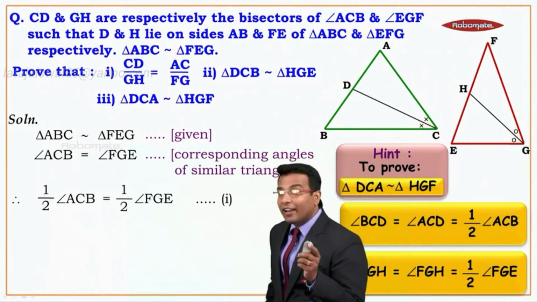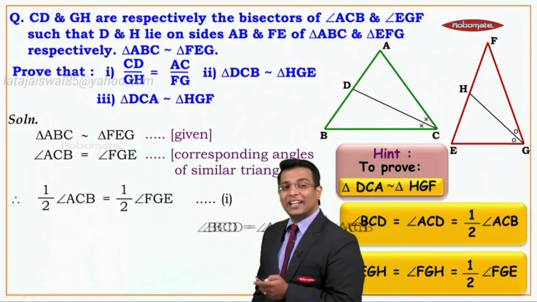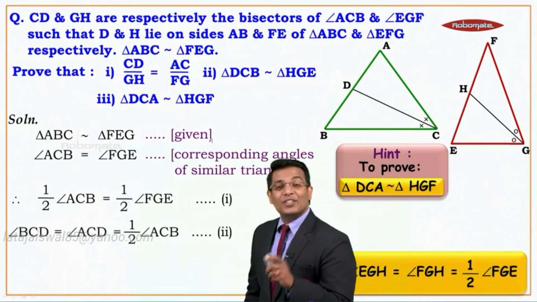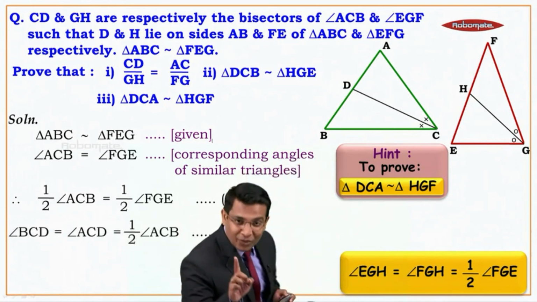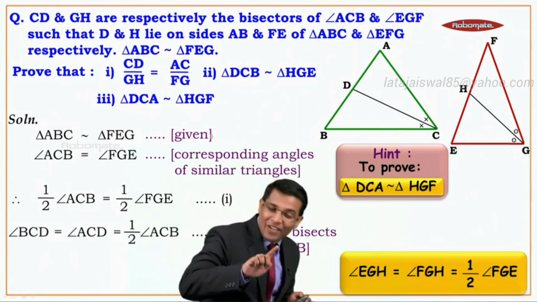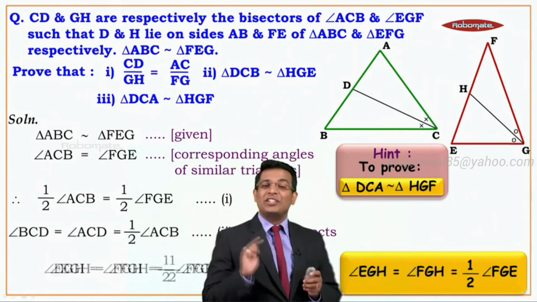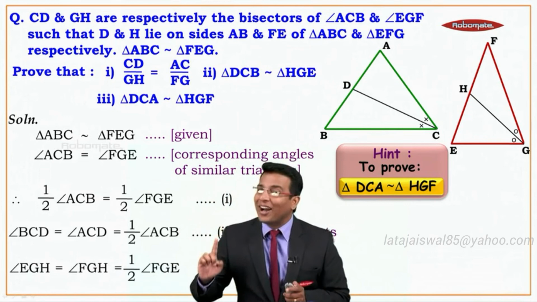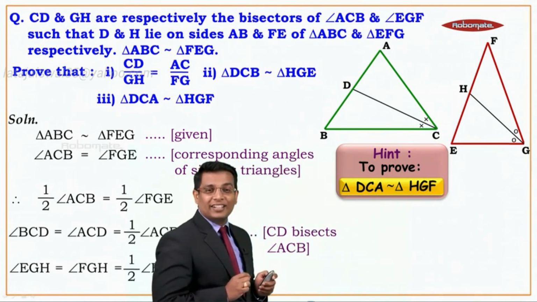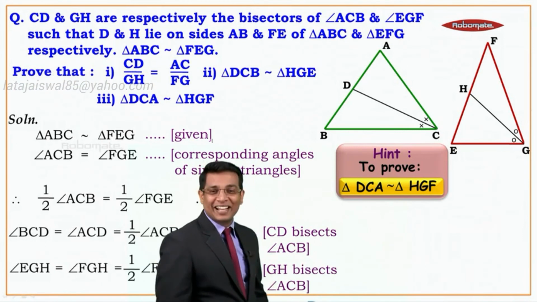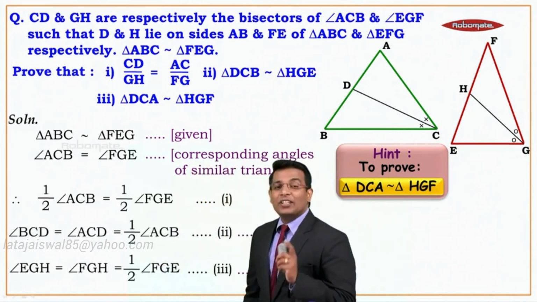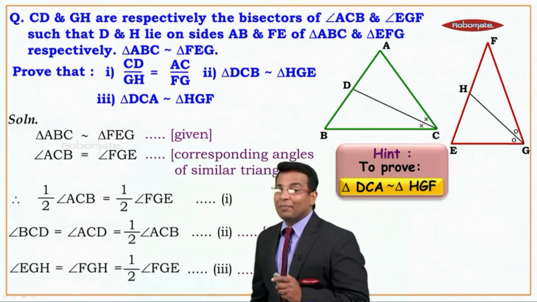We already have that angle BCD is equal to angle ACD is equal to half of angle ACB, which is statement number 2, because CD bisects angle ACB. Same way, we can write angle EGH is equal to angle FGH is equal to half of angle FGE, because GH bisects angle FGE, and this is statement number 3.